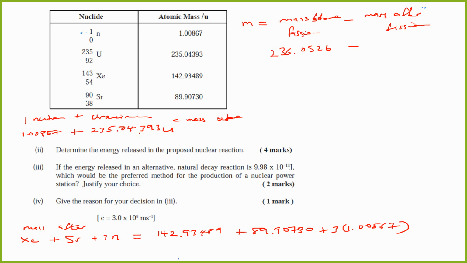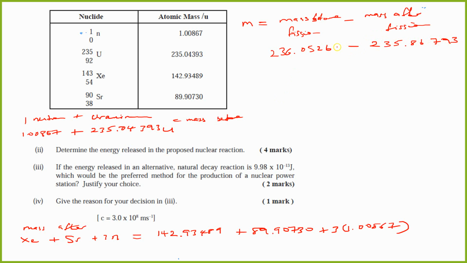Now I feel like this might be one of the questions that you might see on the exam, who knows? So it's obviously important to understand every bit of these types of questions. When I add this up, I get a total of 235.86793.